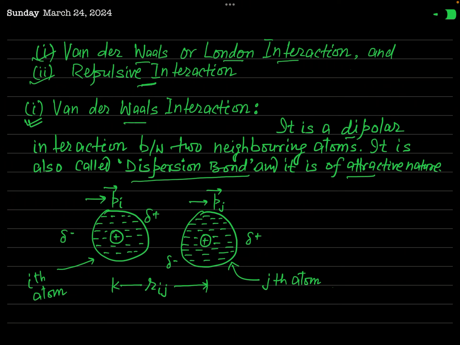You can see, I have considered here that this sphere on the left side, you are seeing in this figure, represents the ith atom, and the sphere shown on the right side of this figure, let us consider this is your jth atom.